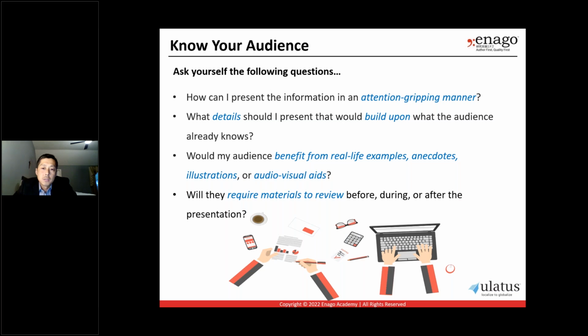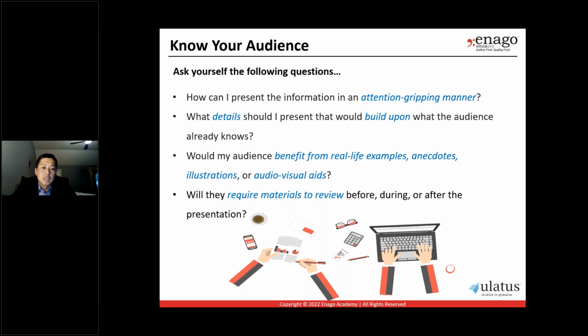By attending your talk, I'll assume that most people are somewhat interested in what you have to say. But it's always good to think about how you're gonna make sure that you get their attention, you keep their attention, okay? What details should I present that build upon what the audience already knows? So it's always good to know what audience you're gonna talk to, because you want to introduce things that are useful for them.